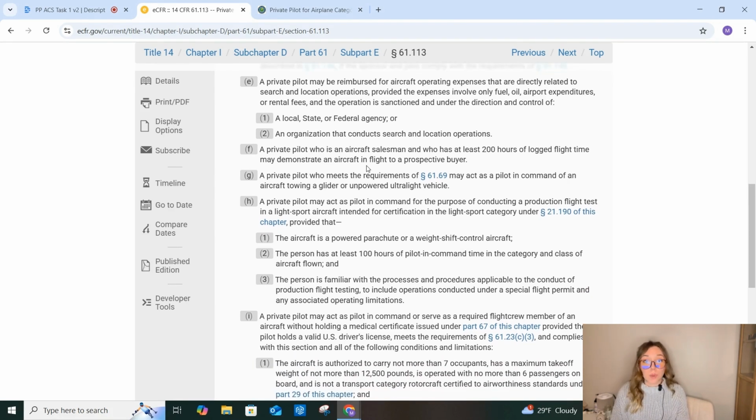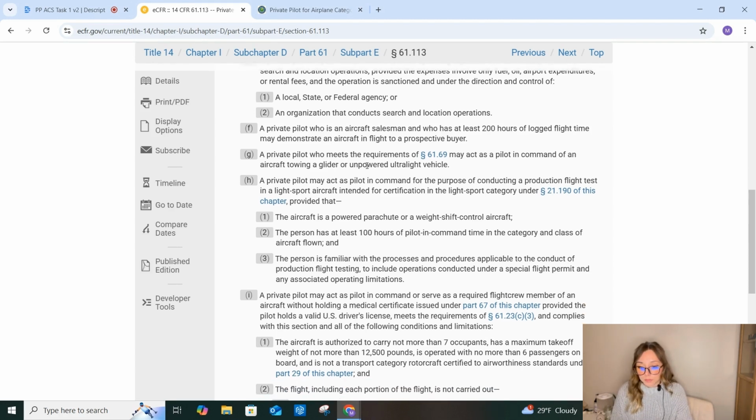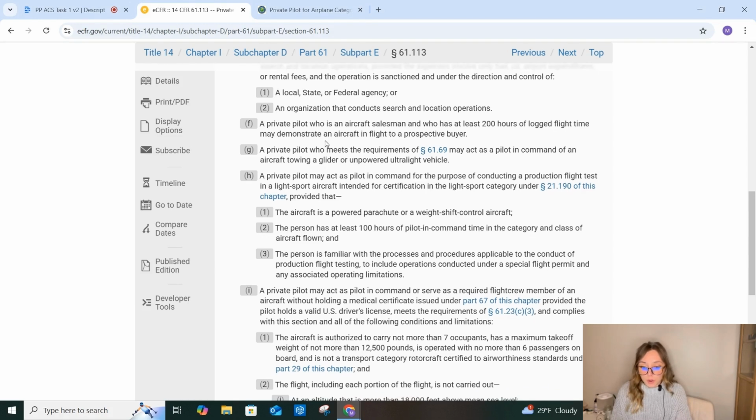There are more. You could be an aircraft salesman. You have to have at least 200 logged flight hours, and you may demonstrate an aircraft in flight to a prospective buyer. You can show someone how the plane that you're selling works, and you can log a little bit of time for doing that. Then there's more.